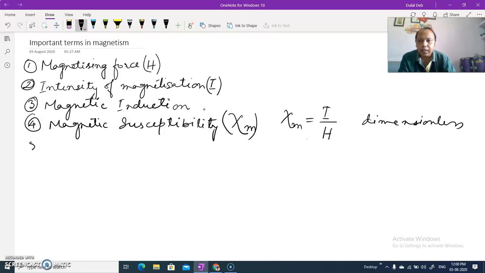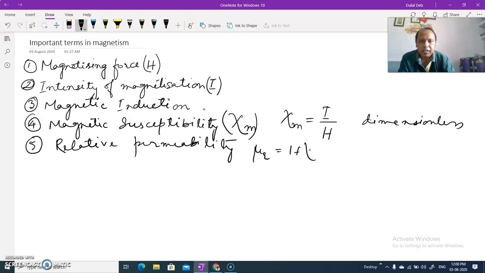Okay, and the last term which we are going to discuss here is permeability, relative permeability. This relative permeability mu r is actually given by 1 plus chi m. So let us see how we can derive this relation.